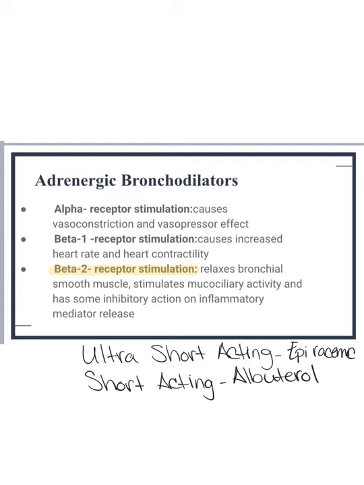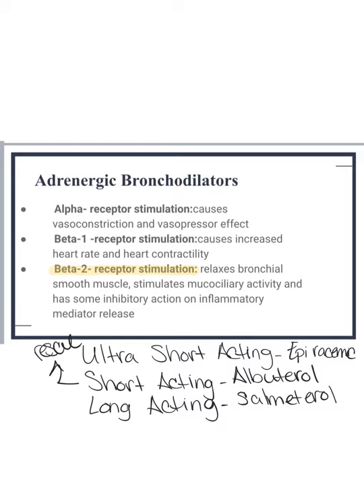We like to refer to it as albuterol because it seems that doctors try and order it for everything. And then we have long acting. And remember, these are our maintenance drugs, so salmeterol would be an example. So rescue, and then maintenance.